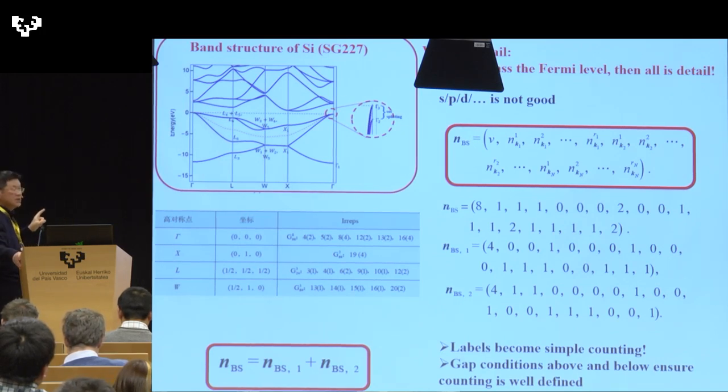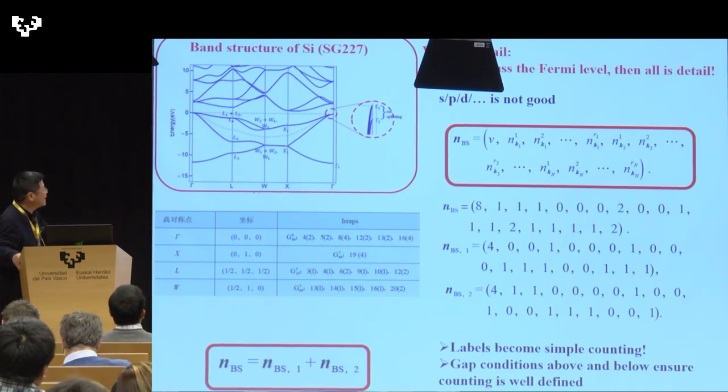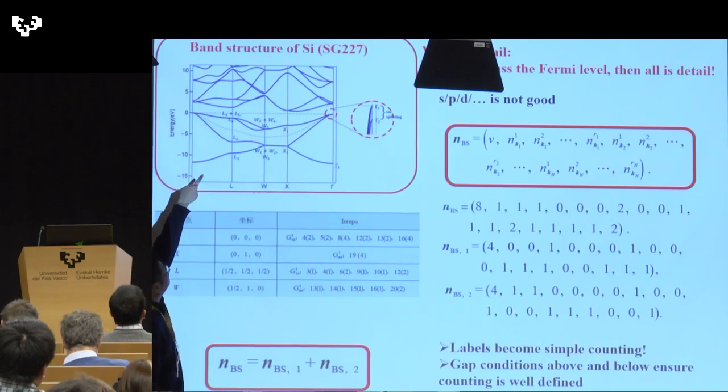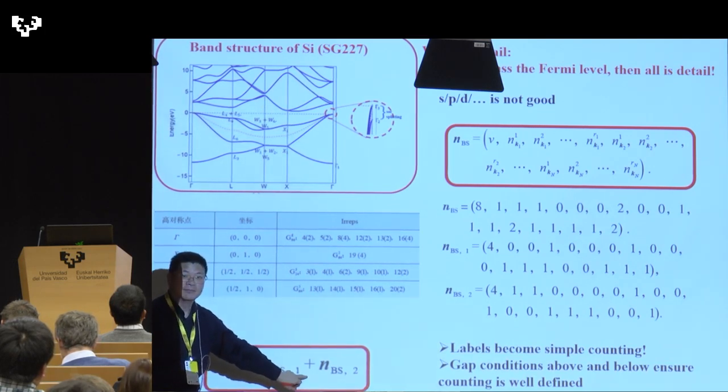So why is this number useful? If this number changes, it means the band definitely closes. If this number doesn't change, it means that doesn't happen. And another interesting structure I will tell you is, if we add a band, for example here, now we have 4 occupied bands. If we draw another band here, we just do the plus.